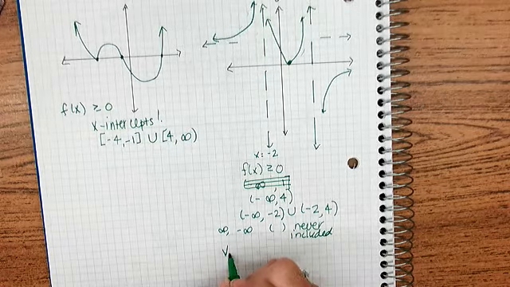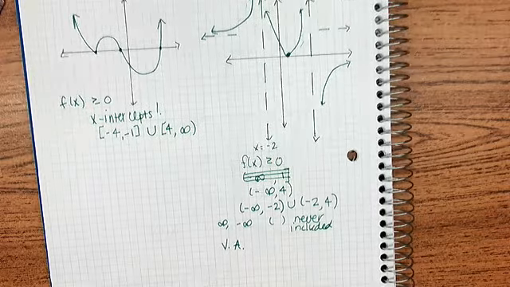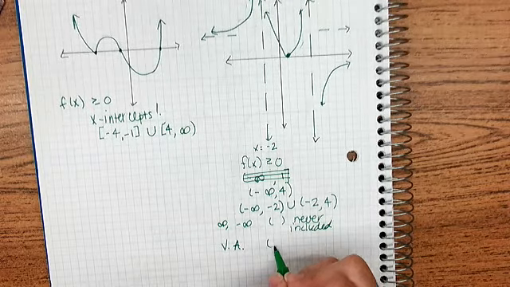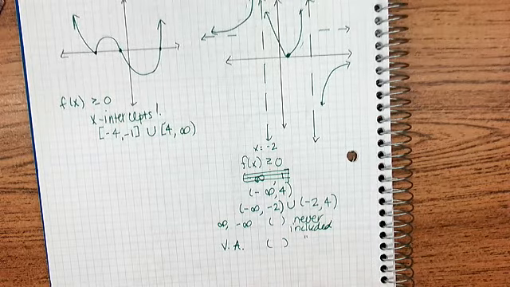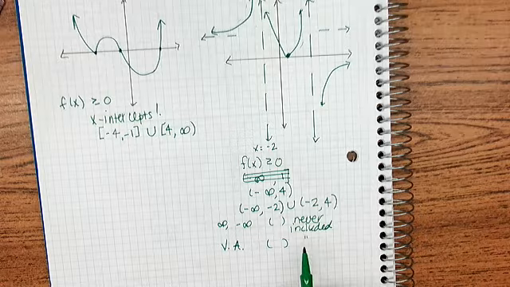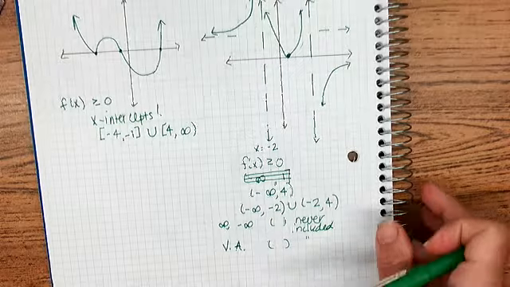And vertical asymptotes are always parentheses as well, never included. Okay, so we're going to take that with us into polynomials, as well as end behavior, etc.